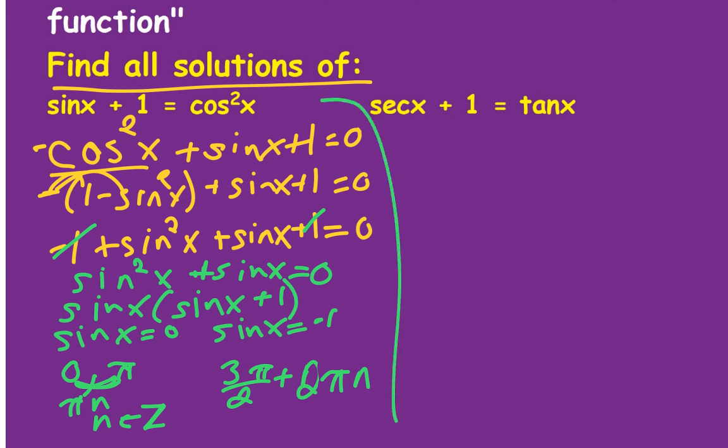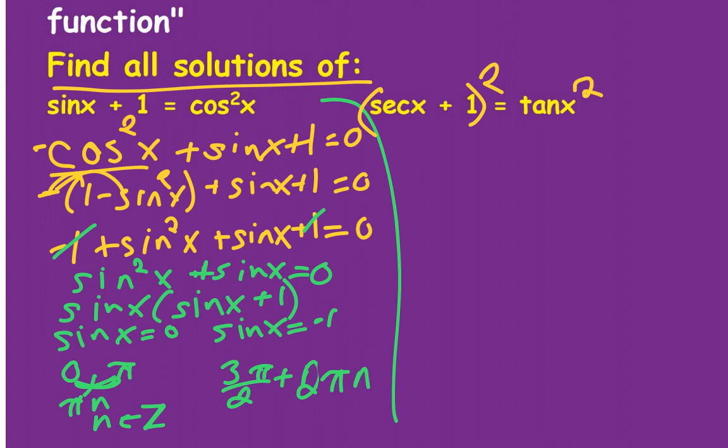All right, the next one, secant and tangent. So thinking through this one, this is a technique that you probably don't think to use quite off the top of your head. I'm going to go ahead and square both sides.